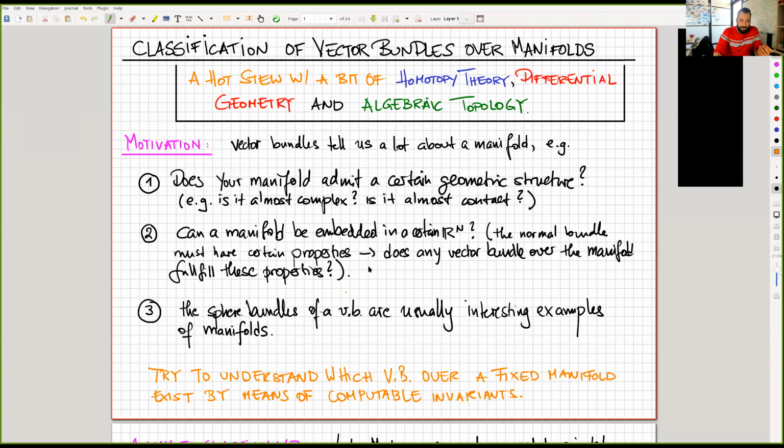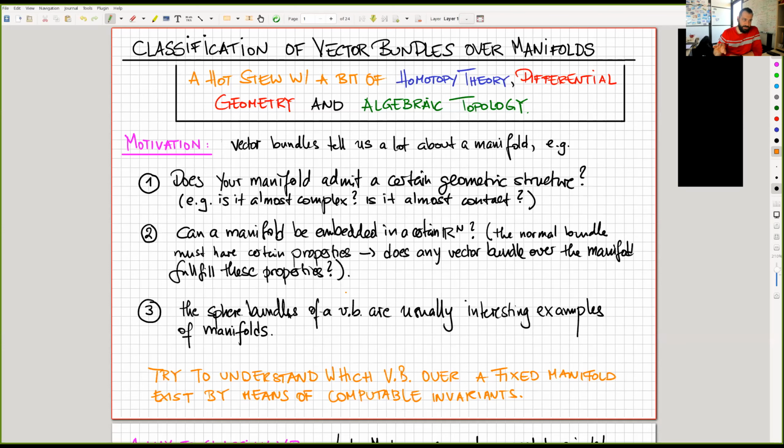And of course, the third point is that you can produce other manifolds out of vector bundles of your manifold. These are called sphere bundles. If you take a vector bundle with a Euclidean bundle metric, and in every fiber, instead of R^n, you take a sphere, you get a so-called sphere bundle, which is again a manifold.